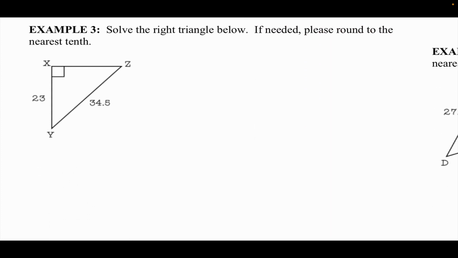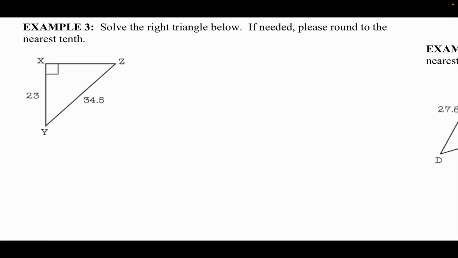So the first one, number 3. Every triangle's got 3 sides. Every triangle has 3 angles, or else it wouldn't be a triangle. So the first thing I need to do is list what I need to figure out. So I'm going to do the sides first. This guy has 3 sides. It has from x to y. That's one side. It has x to z.